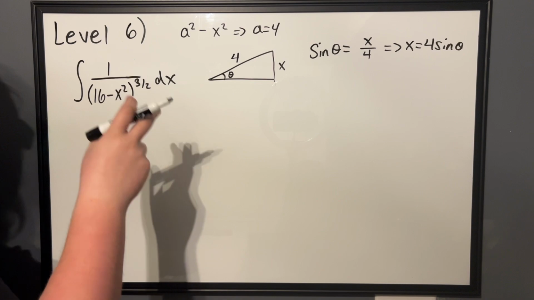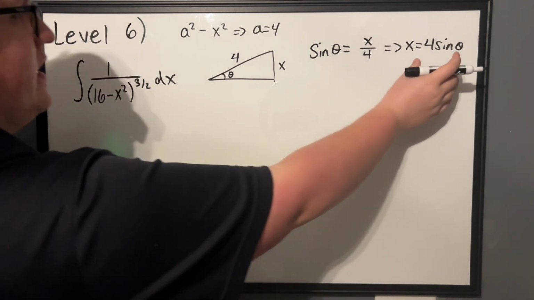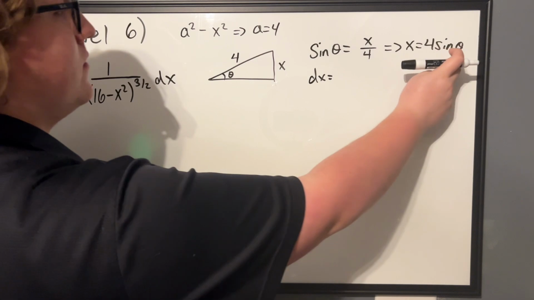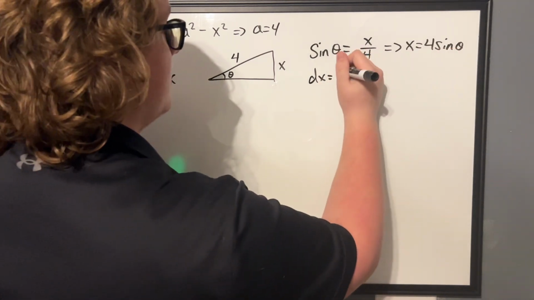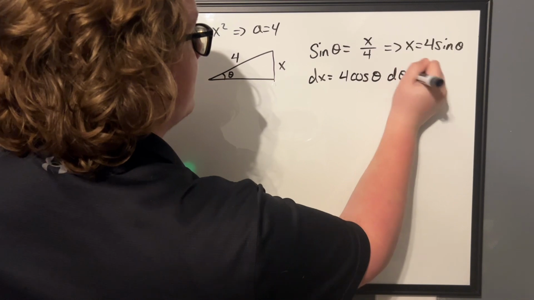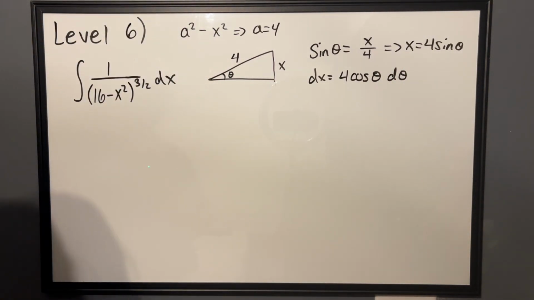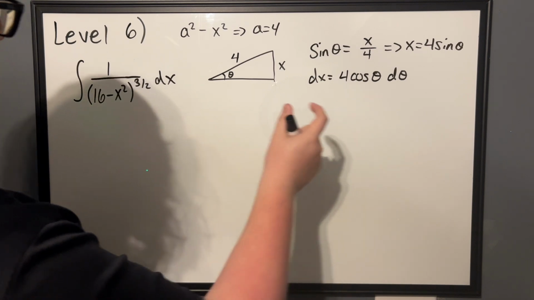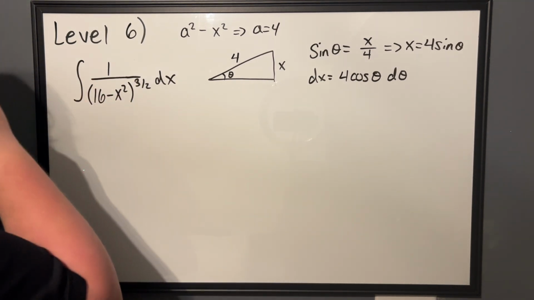Now what we need is a dx, and that's just the derivative of this. So we have dx is going to be equal to the derivative of 4 sine theta, which is going to be 4 cosine theta. But remember, we took the derivative with respect to theta, so we need a d theta on that end.